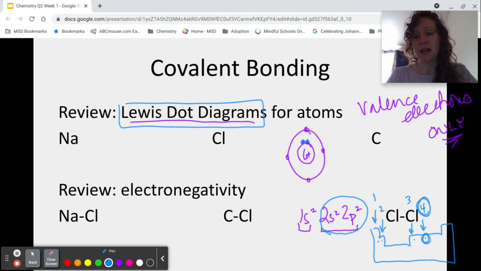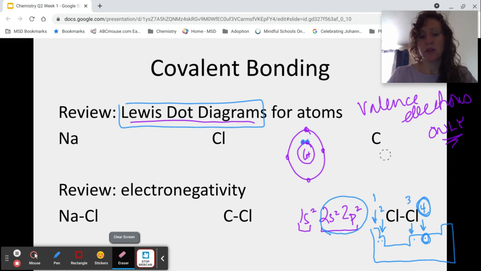Now we want to represent that around the symbol. So notice that there's a symbol here for carbon, and then we're going to represent those 4 valence electrons. When we do that, we're going to draw them as if they exist on the sides of a box. So we have 4 sides on which we can put electrons, and then we are going to spread them out until we are forced to pair them.